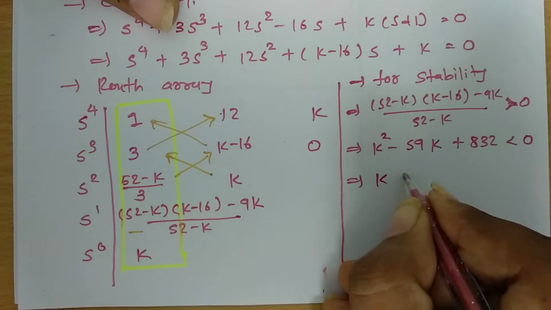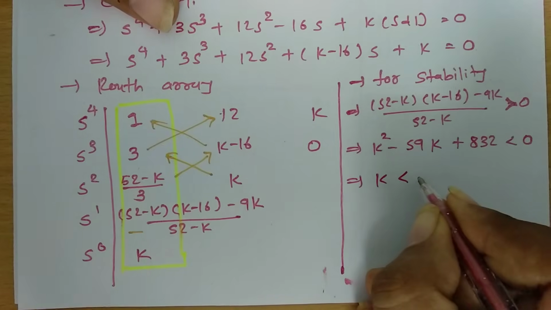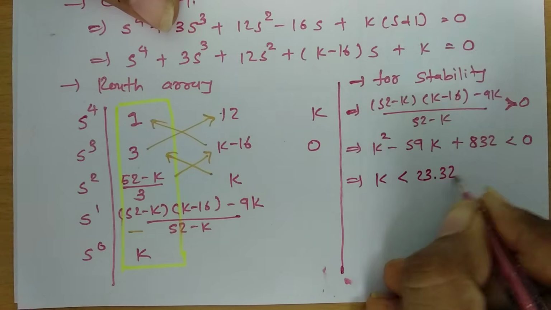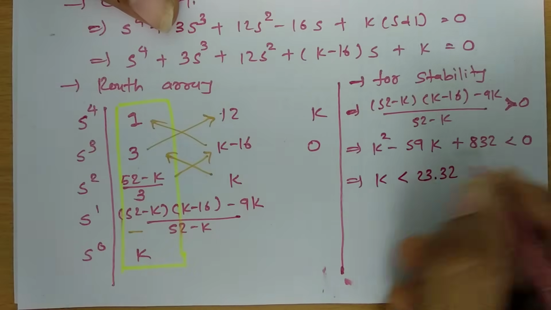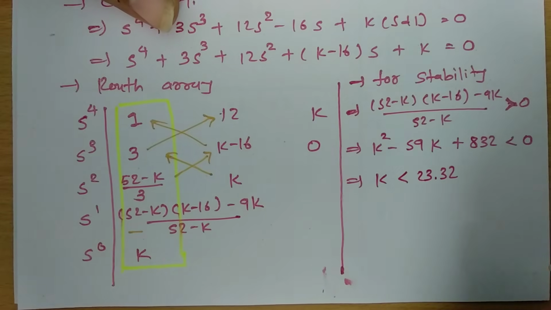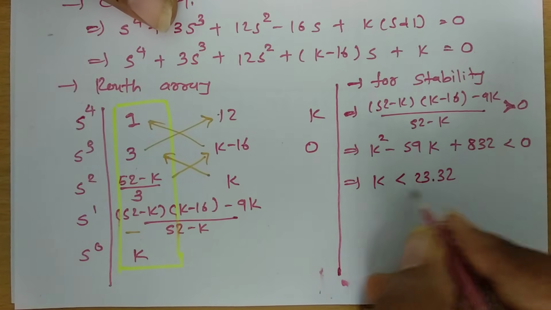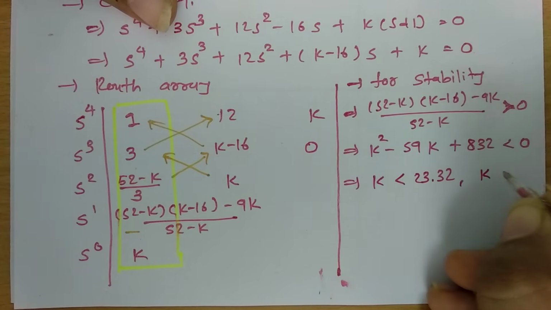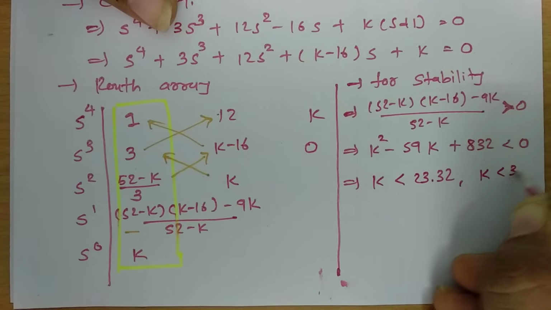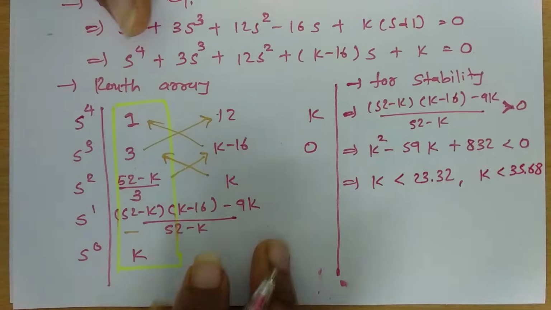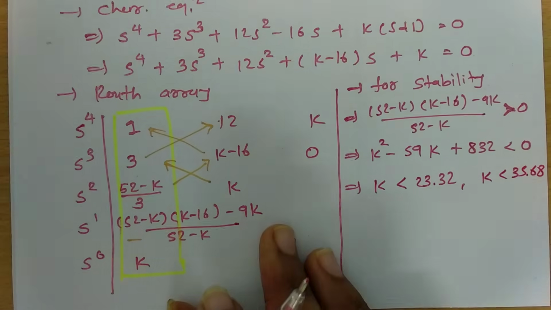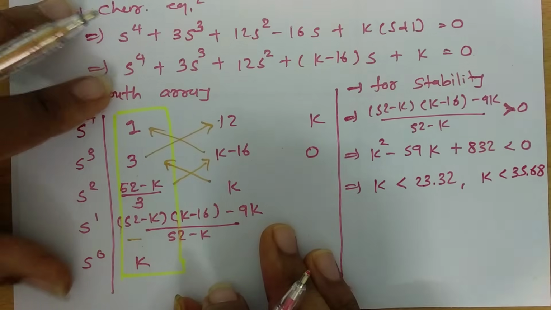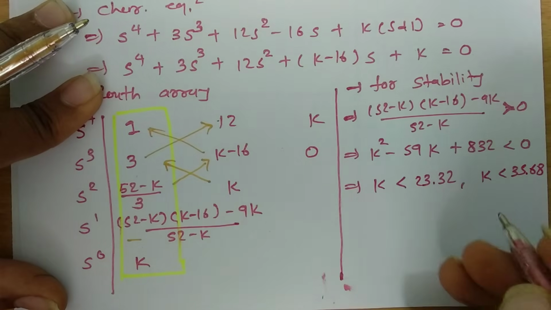One value of k should be less than 23.32, just by solving the second order equation. So k should be less than 23.32, and the second value of k should be less than 35.68. So here we have two values of k.